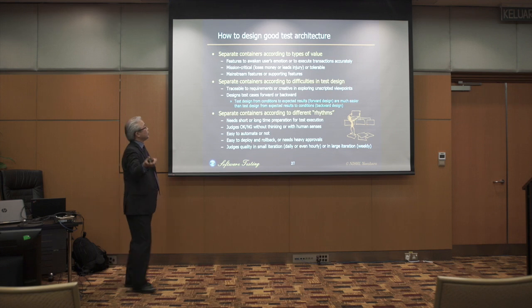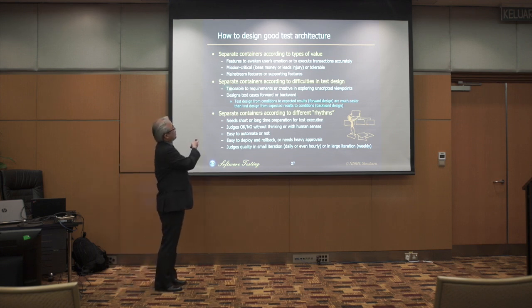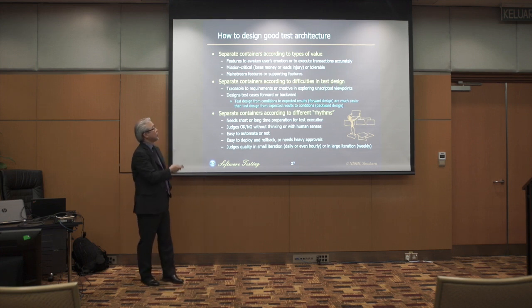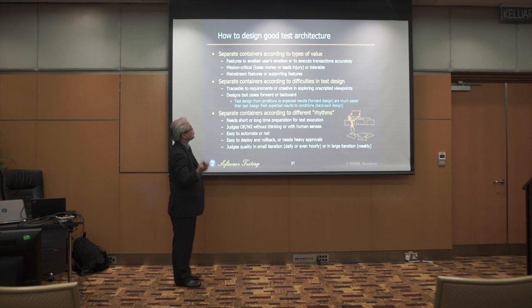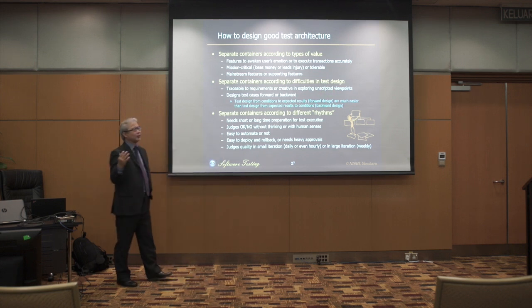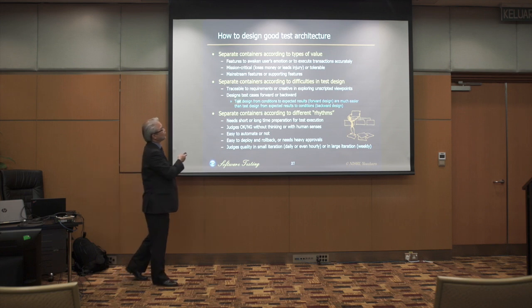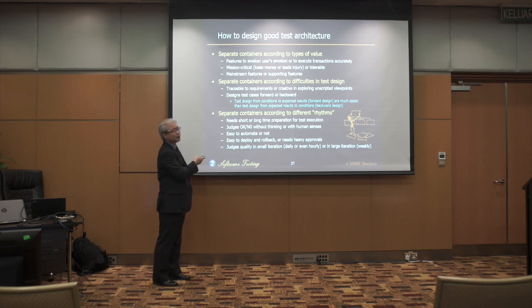The second principle is to separate containers according to difficulties in test design. Test cases traceable to requirements, or test cases which are creative in exploring unscripted viewpoints. And the second one is technical difficulty. Design test cases forward or backward.